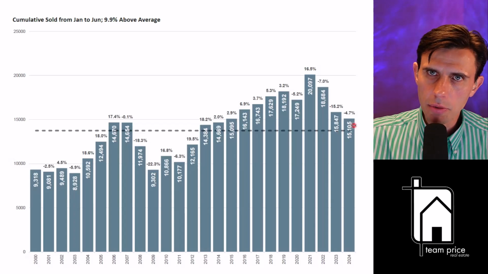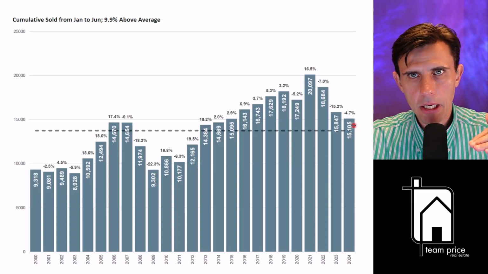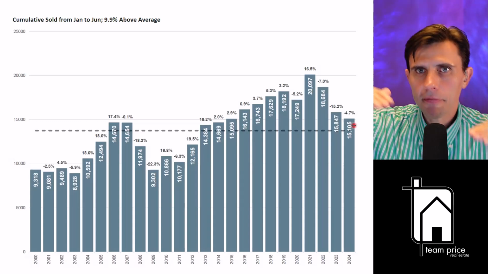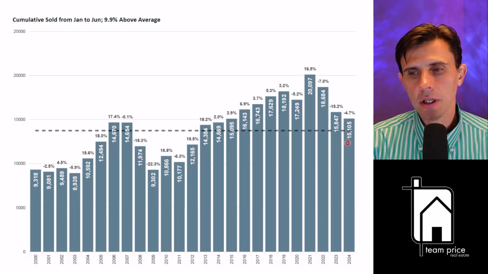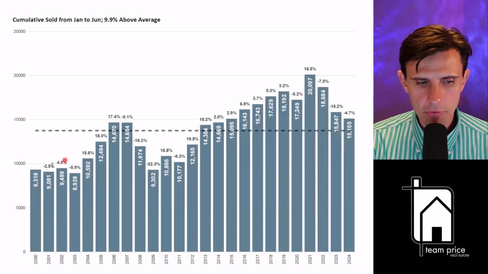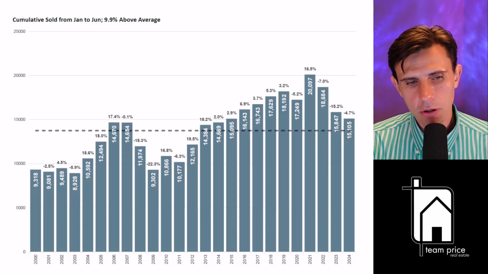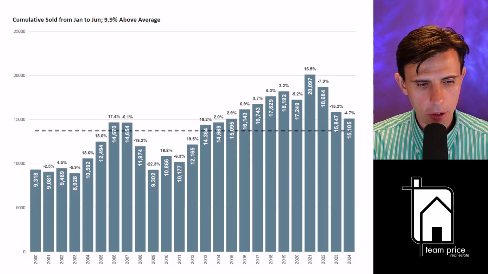So not only do we have an increase in back on the market, but we have a decrease in pending, which means we're going to have a further decrease in sold. So I do not expect the number of sold properties to beat last year simply because of the pending properties, and also because we are noticing an increase in back on the market.